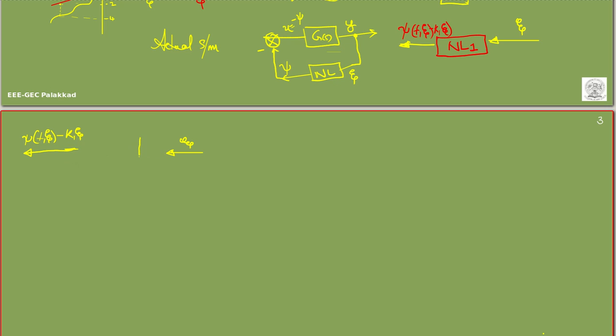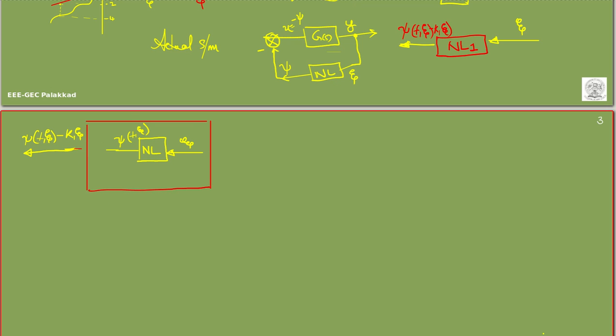If I put the input zeta to the actual nonlinearity, I get the output xi of t comma zeta. But I want a new nonlinearity which gives this output.